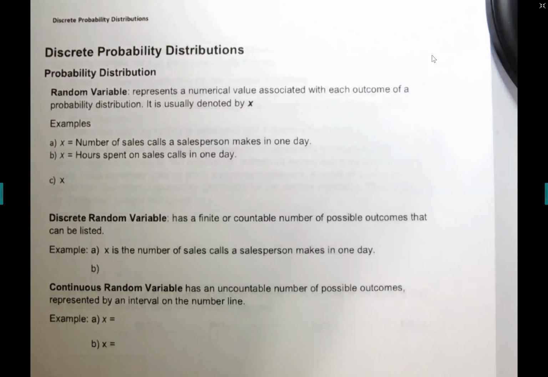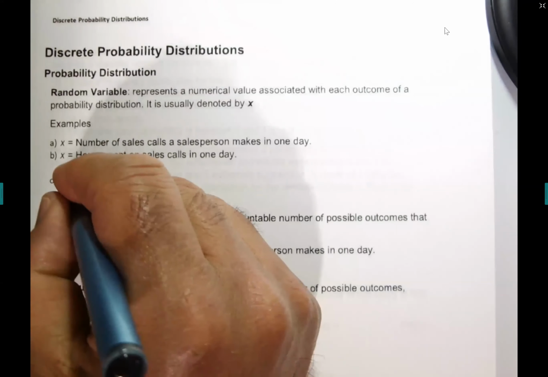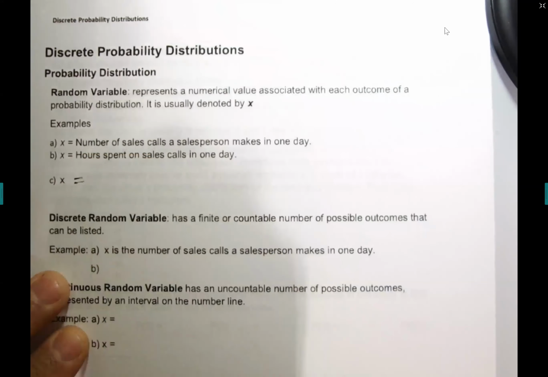Can you guys give me some more examples of a random variable? X is, what would you guys say?